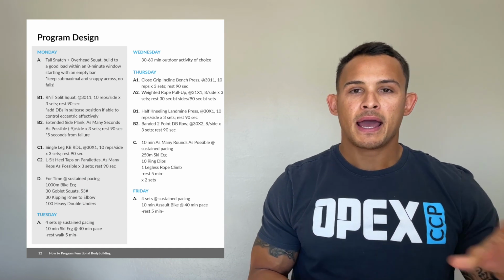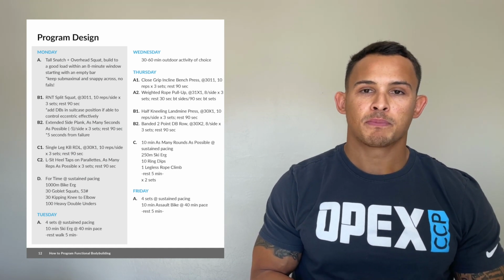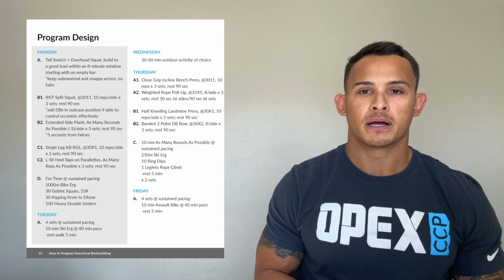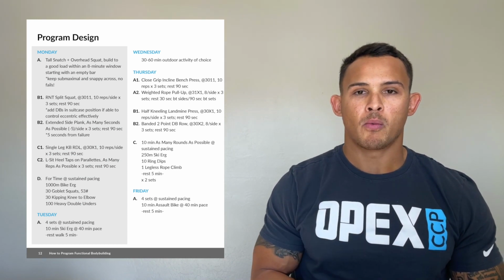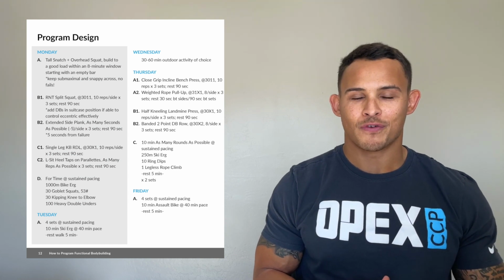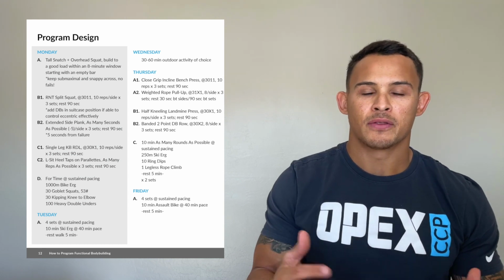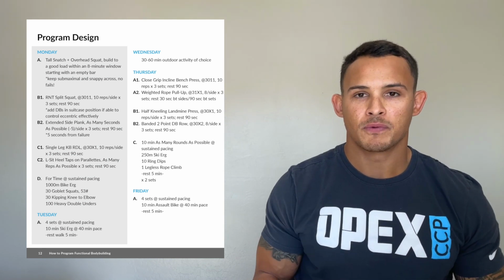So we have the tall snatch plus overhead squat complex, and we're doing this against an 8-minute clock. So first, let's talk about why I chose the tall snatch plus overhead squat for my exercise versus any other complex or just a snatch from the floor.